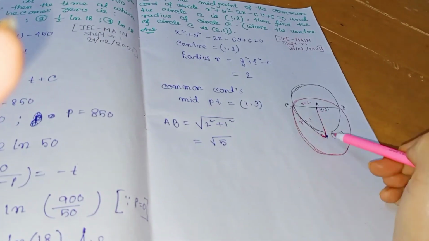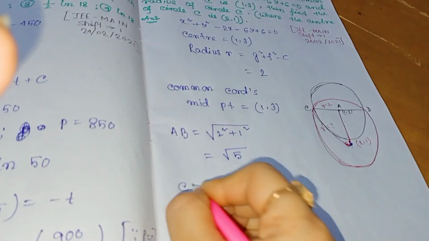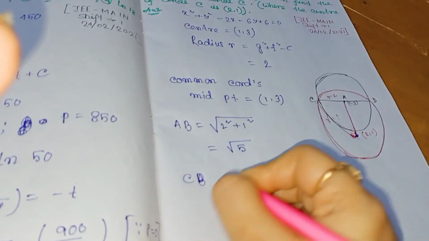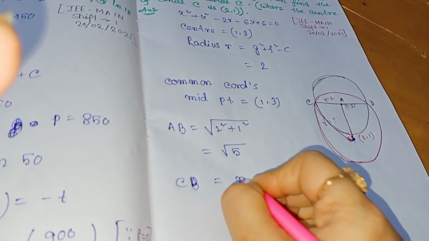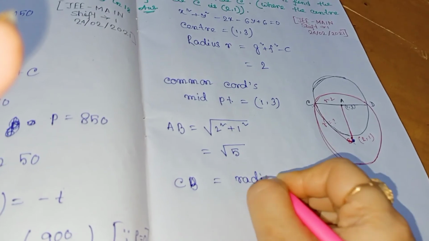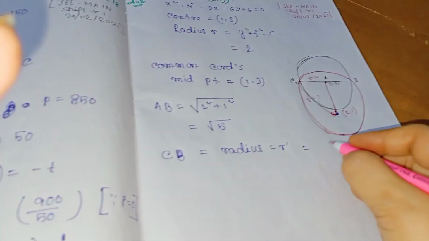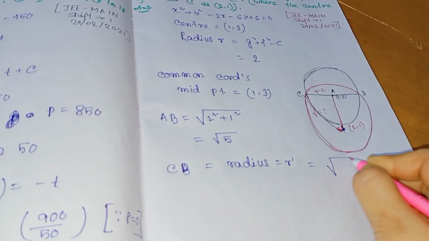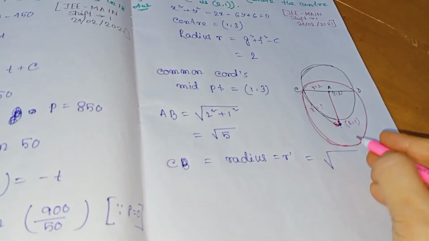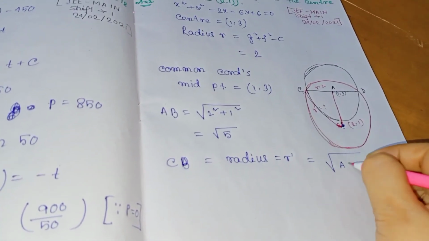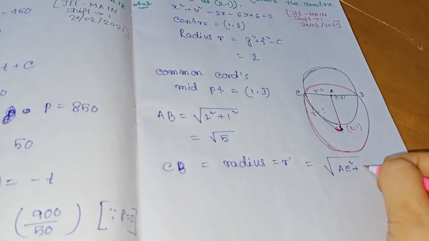Now the value of CB, which is the radius r dash, is equal to root of AC square plus AB square.